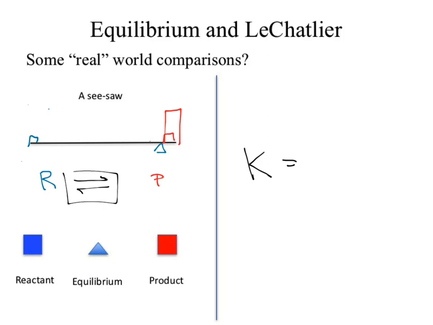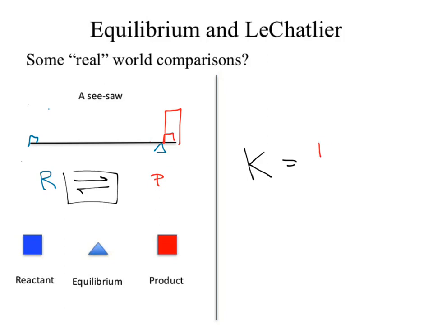If I want to quantify it, it does kind of look like a seesaw. I want to now look at the relationship between the amount of products to the amount of reactants, which gets me two ratios. I could have products over reactants, or I could have reactants over products. Everybody see that? Which one do we choose?